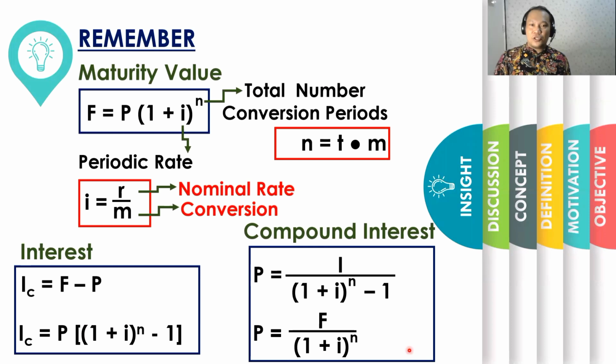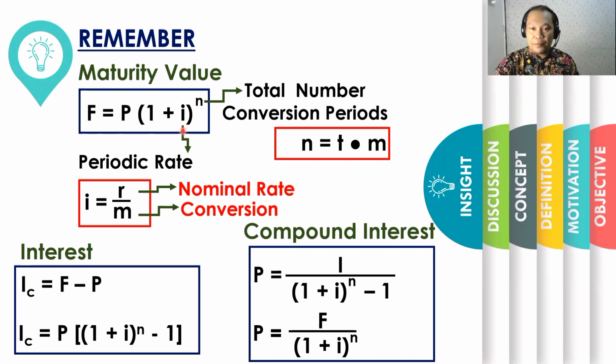Remember, maturity value is F is equal to P times the quantity 1 plus I raised to N, wherein to find N, we have time times the conversion.